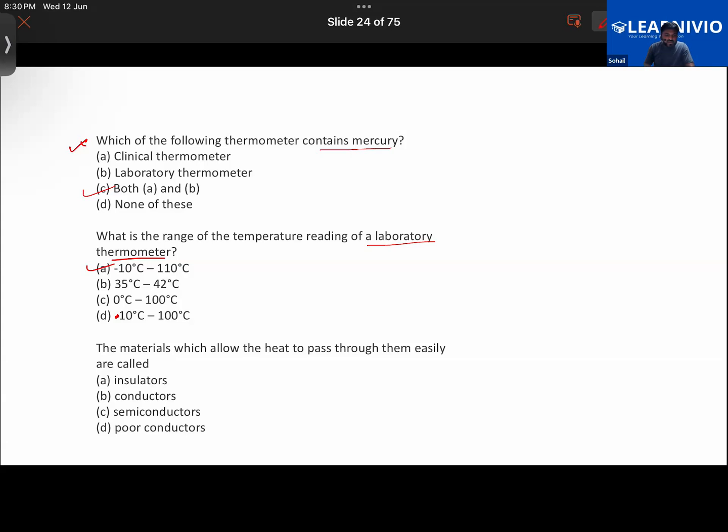The materials which allow heat to pass through them easily, what do we call them? Last question. Sir, is it poor conductor? No, insulators do not allow heat to pass through them. Wood, for example, is an insulator.